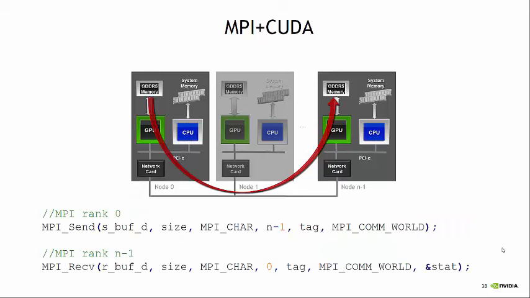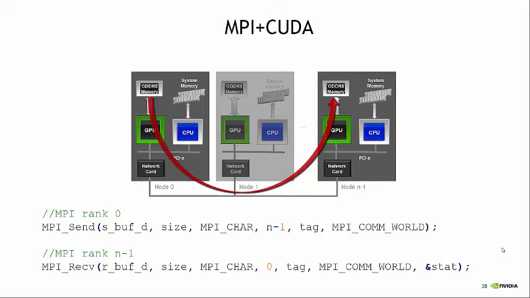So what you essentially do is, instead of giving a CPU buffer to your MPI command, if we're doing an MPI send, this first argument is the data we're sending, we just give a device pointer. So sbuff_d, the underscore d is just a label for the programmer to tell you that it's on a device. It's not compiled into anything, but it implies that the GPU data is being used in MPI.